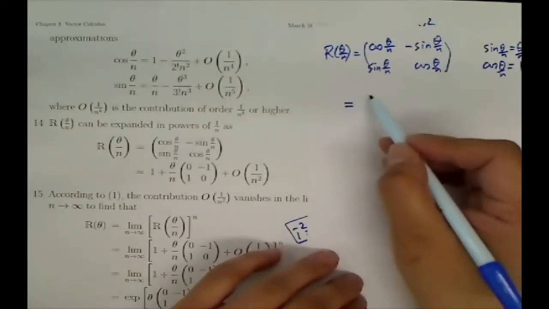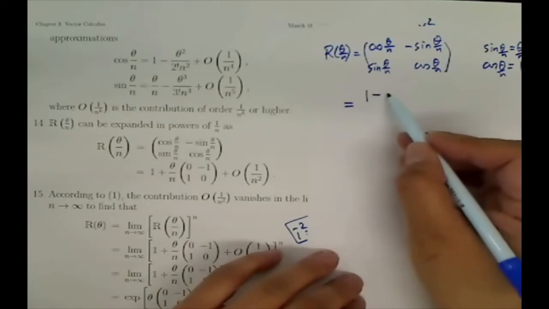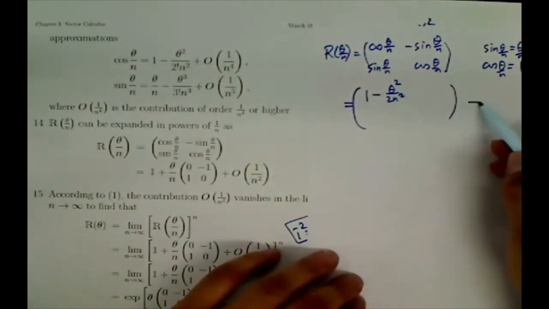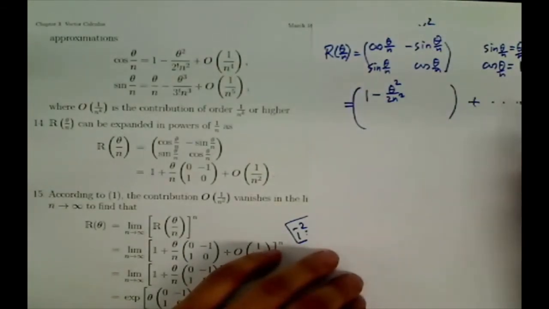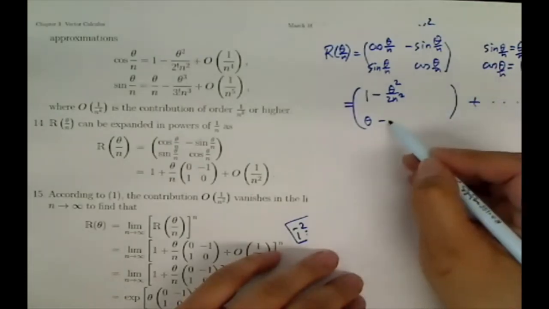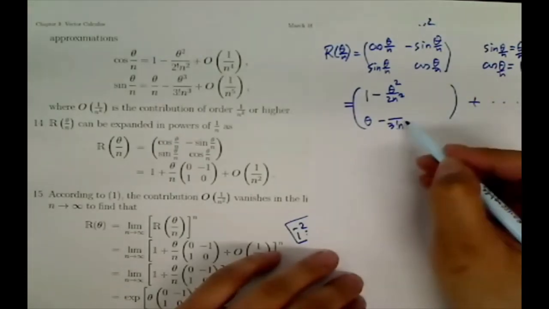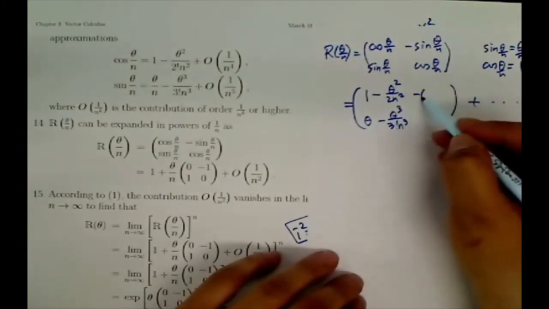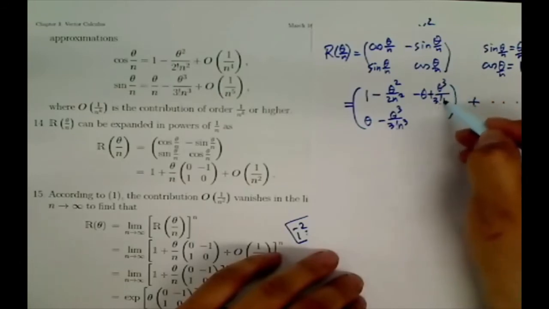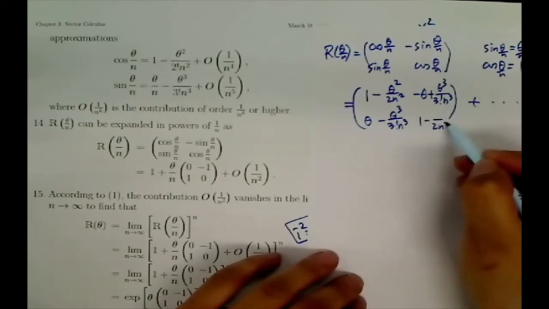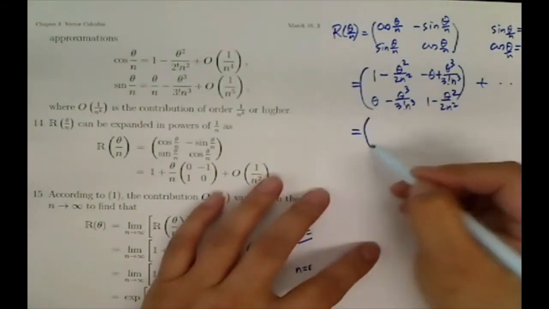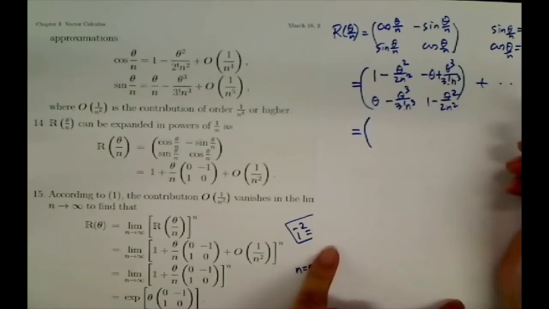Then it equals 1 minus theta squared over 2 n squared, plus theta over n, minus theta over n. We can divide this into the zero-order term, which is independent of n and independent of theta.